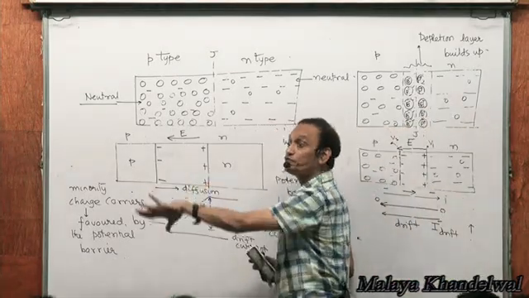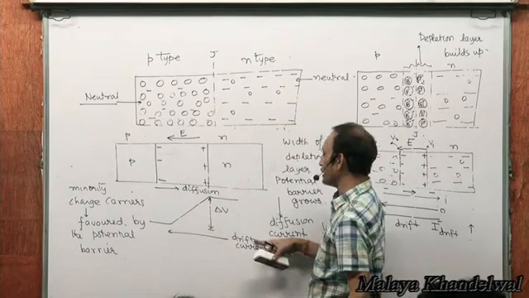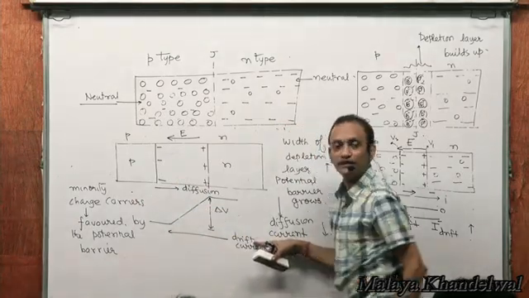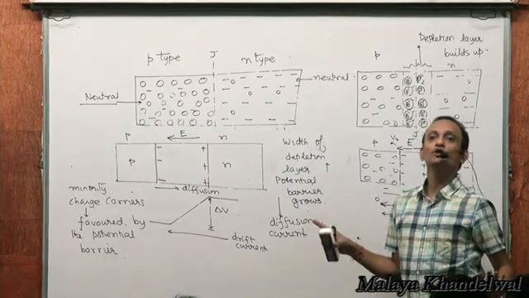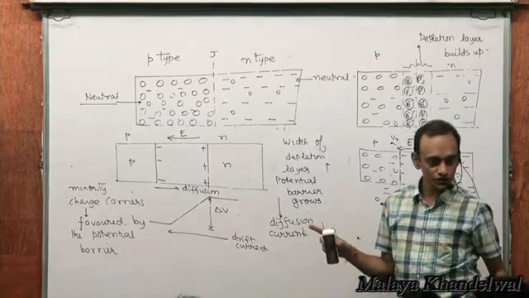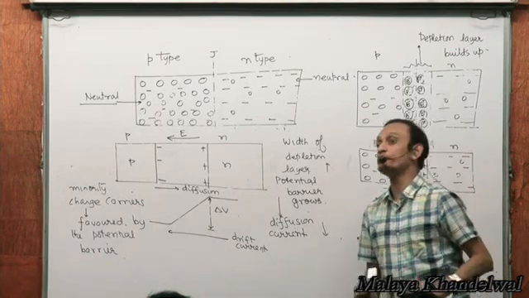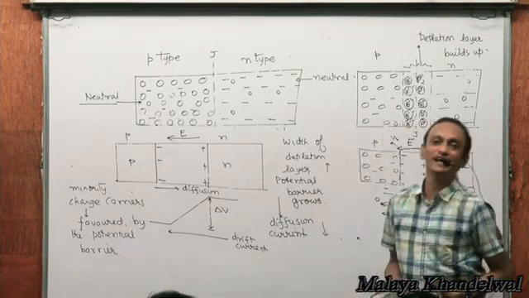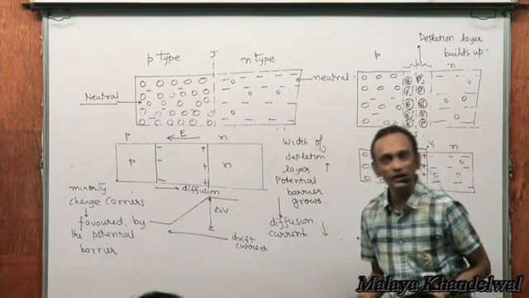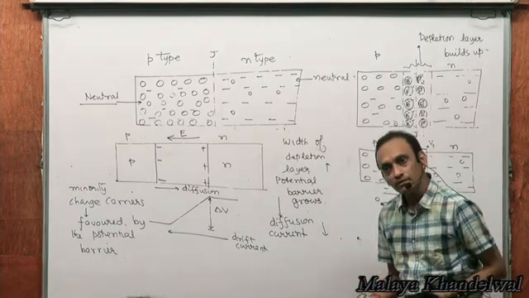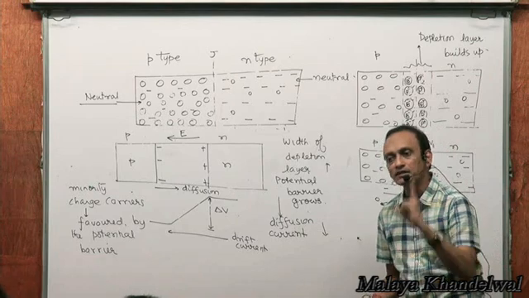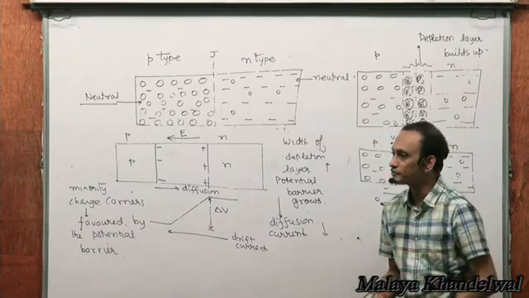The diffusion current would exactly counter the drift current, and there would be no further flow of charge. The depletion layer would then have produced equilibrium. You know what I'm saying? The diffusion current cancelled exactly by the drift current.